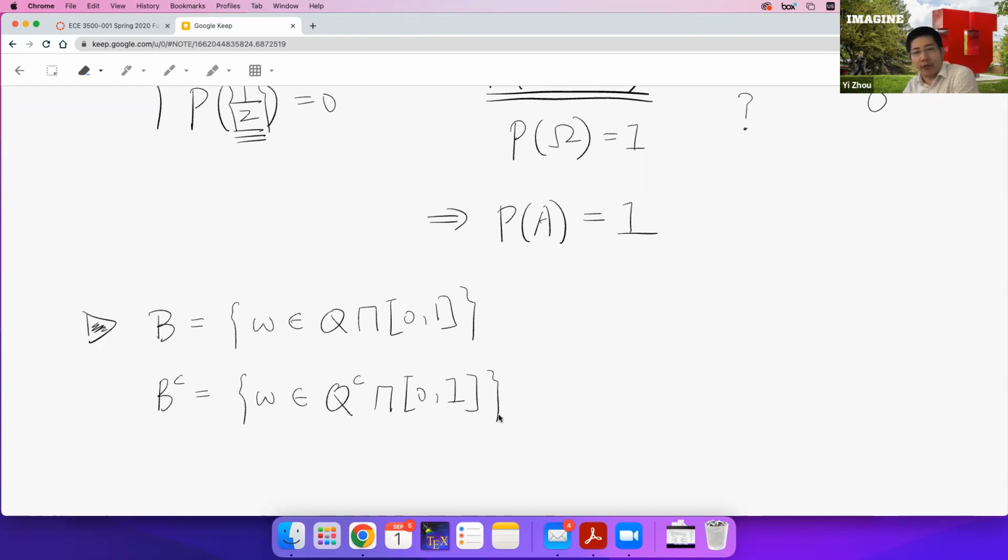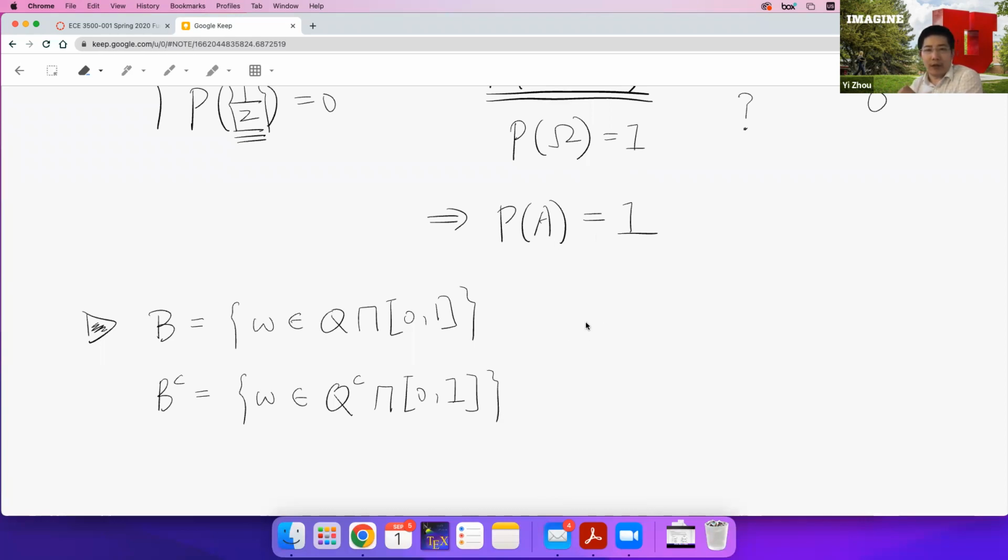But it's a very interesting question because intuitively, within this interval we have infinitely many rational numbers, and we also have infinitely many irrational numbers. Right? Because between every two rational numbers, you can always find an irrational number, and between every two irrational numbers, you can always find a rational number.